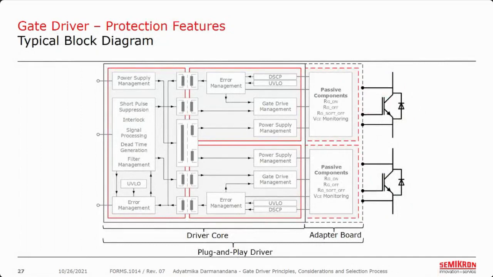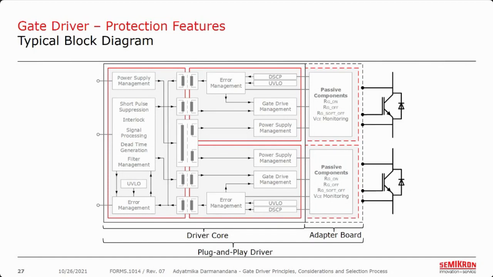Before we go to its protection features, here I want to show you the typical block diagram that we have. The first block depicts a driver core with its functions inside it. On the right side of it, we have the passive components in the form of an adapter board, and if we have everything in it, then we will have a plug and play driver.